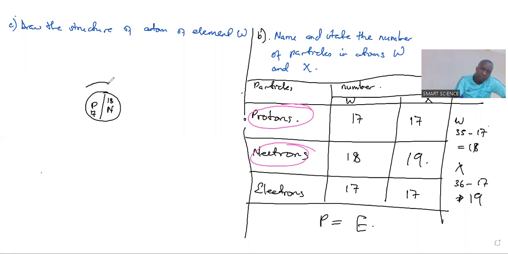I'll draw my first shell or energy level on the nucleus. And we said this one takes up a maximum of 2 electrons. Allow me to represent electrons with a different color other than black. So I'll have my first shell possessing electrons.